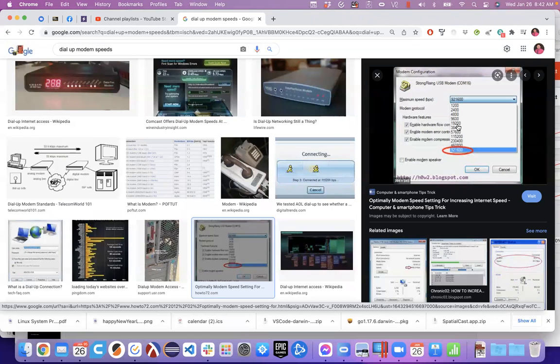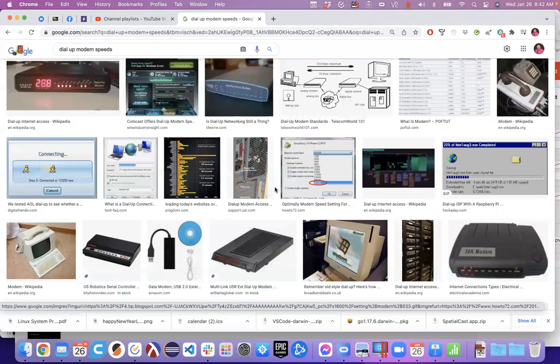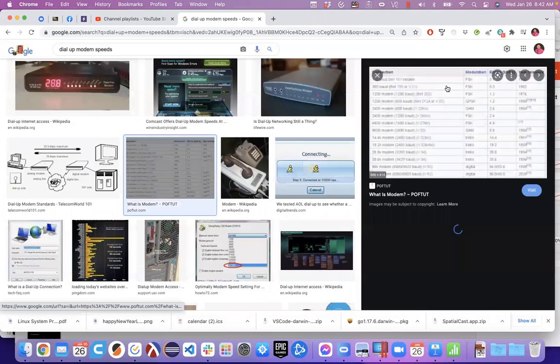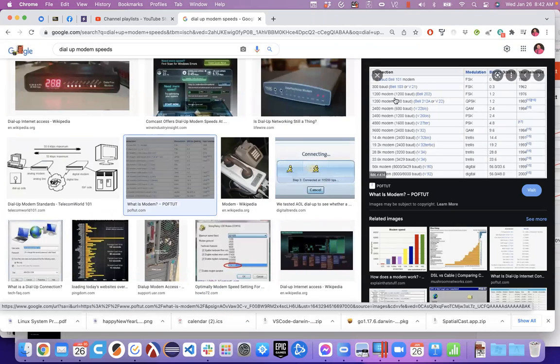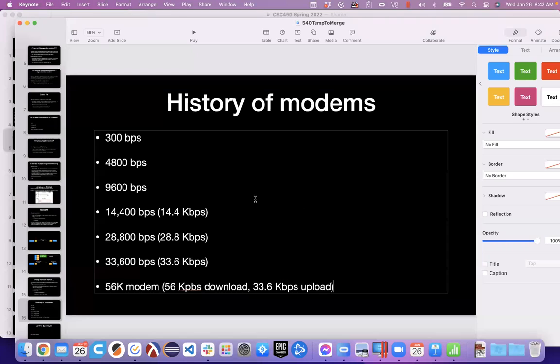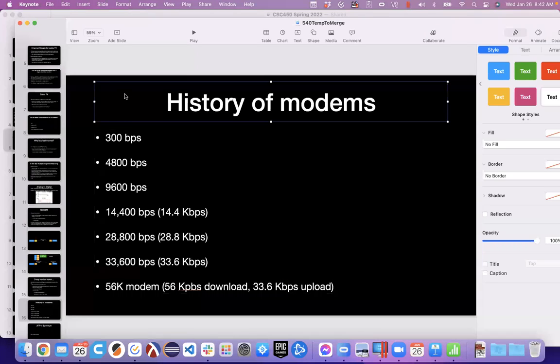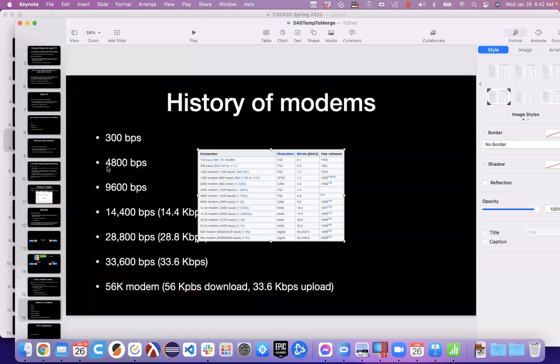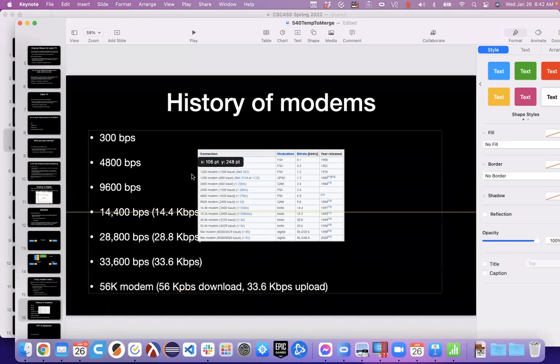Actually, it wasn't. 19.2 and 38.4 were never popular. 56, you know, so you would pick your speed when telling it what you were doing. Let's see, what does this guy give us? Yeah, that's a pretty decent image. We'll steal that for education purposes.